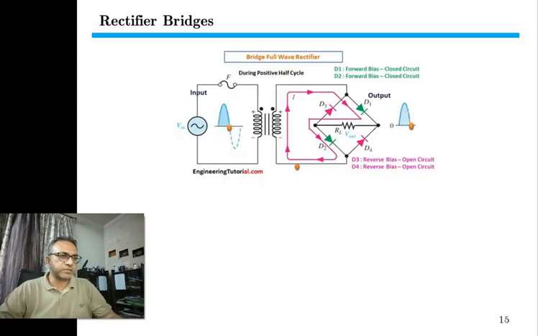In the first animation, we will look at what happens when the sine wave is positive, how the positive half of the sine wave is rectified to DC.